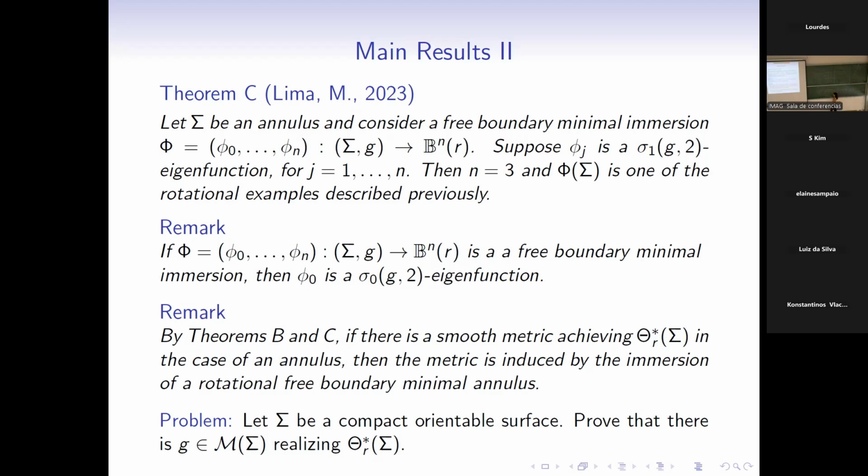Then you can show that this implies that the sigma naught eigenvalue of the sequence is converging to negative infinity. So if these metrics are going to the boundary of our space, they are not going to be maximizing our functional. Okay, they are not going to be the maximizing ones.